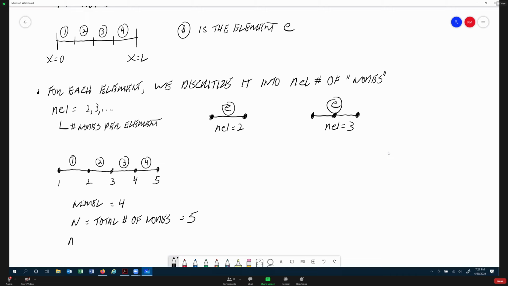What does NEL equal? 2. Right, we have 2 nodes per element. So we have 4 elements, 2 nodes per element, but in what's shown right here, we have a total of 5 nodes, and this could continue.